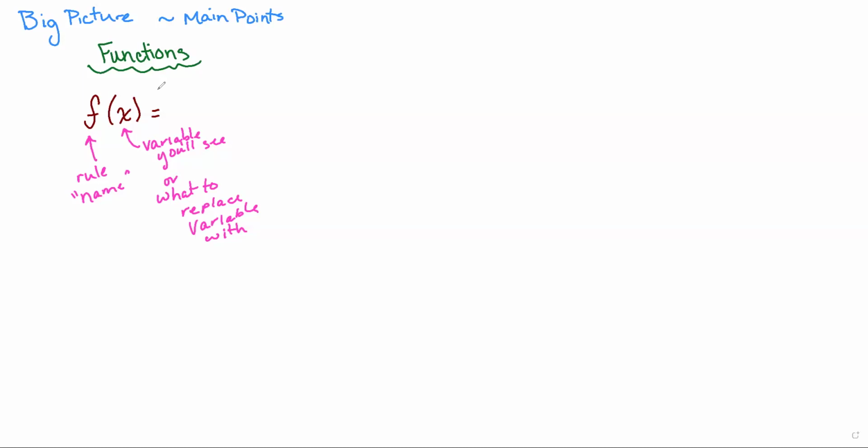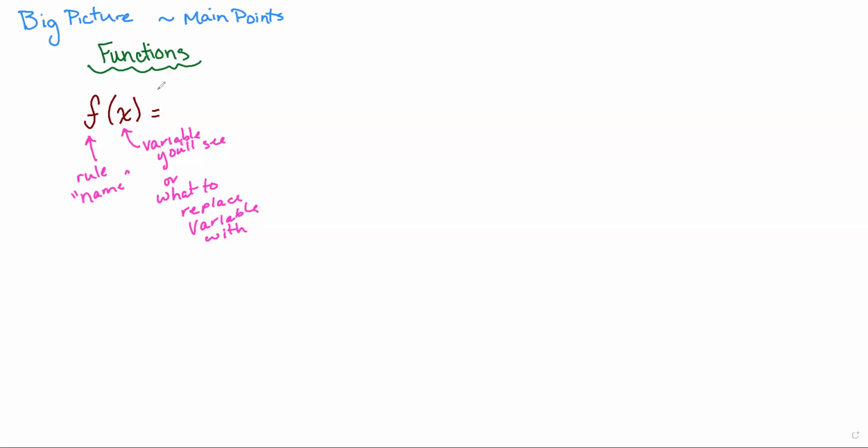So what we're going to be using, what we're going to be transforming that variable with. So we've got an input, which is our variable or the number that we're plugging in. And then what we're going to do with it is we're going to have this rule and then we're going to get the output. So f of x is the same thing as y. So if you see it, you can say, oh yeah, that's going to be my y.